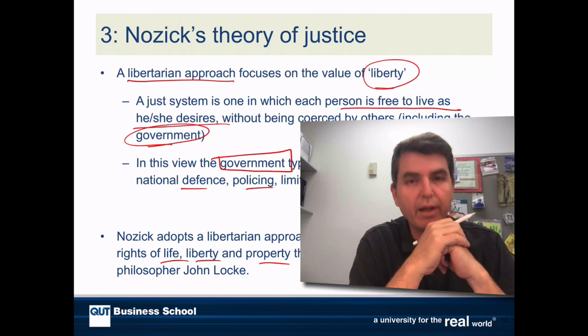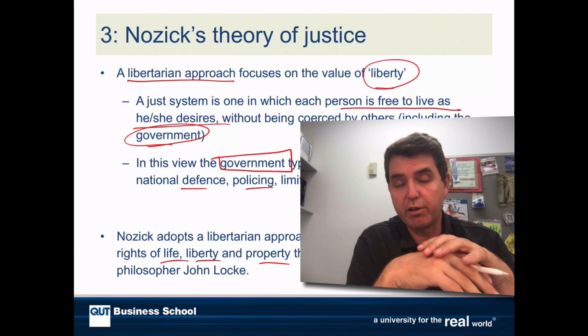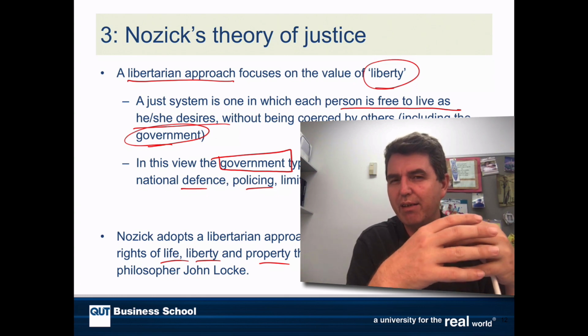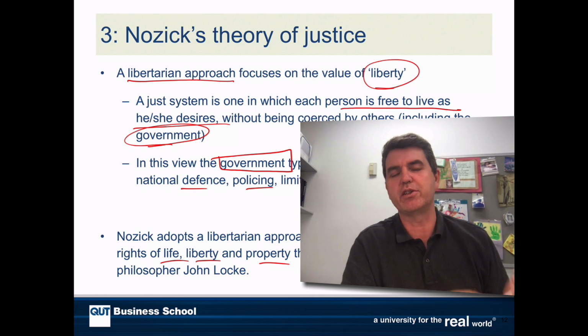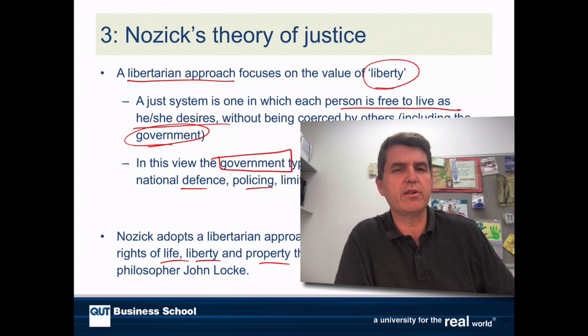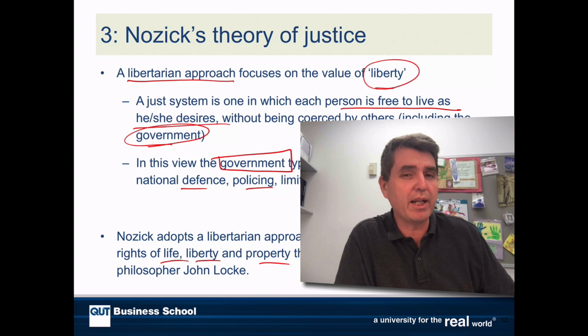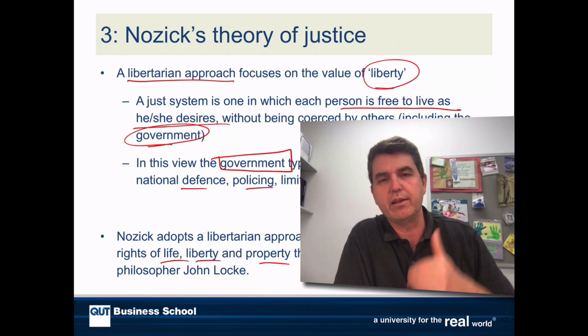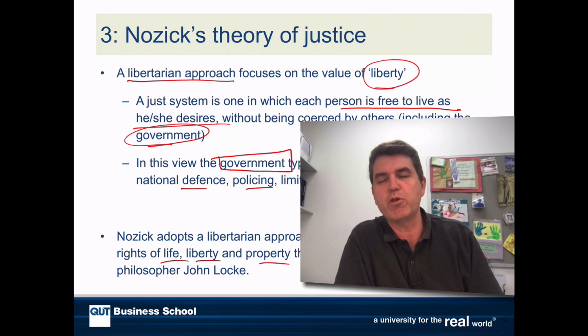Now, this theory does focus a lot on property, and it's important to conceptually understand why, when the emphasis is on liberty, there is so much emphasis on property. One of the ideas that the thinkers have around this concept is that without the right to hold property, without your right to own things, you can't actually have freedom.